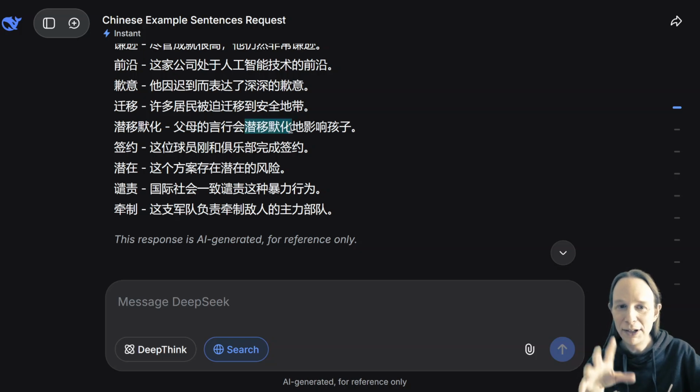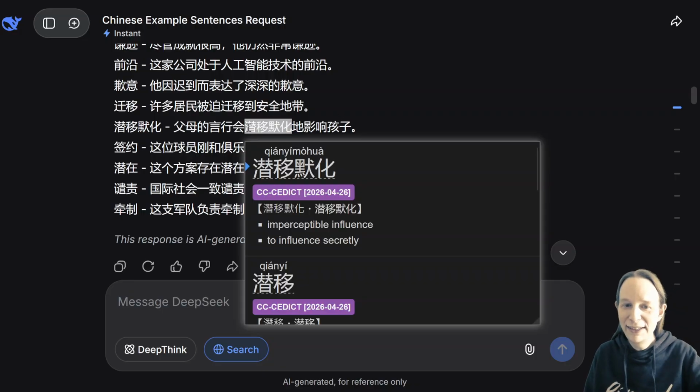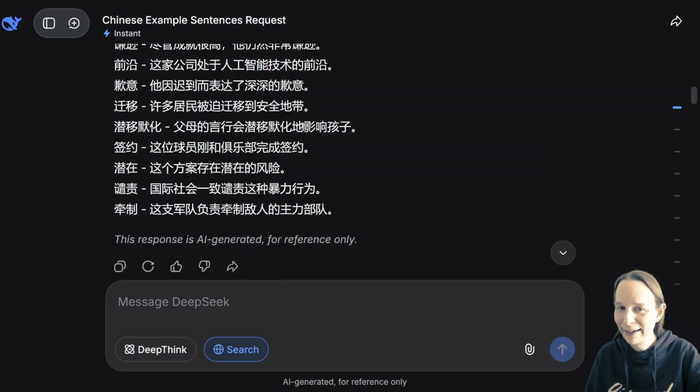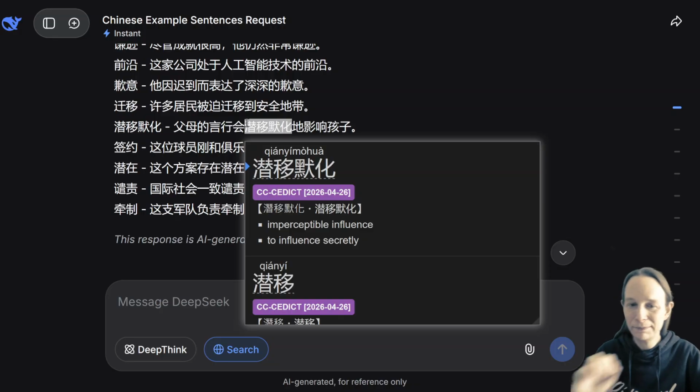So the words and actions of parents imperceptibly influences children. But you notice how it's used though, right? So it's more like imperceptible here. This is the influence. The verb here is influence here. So it's used to modify the verb influence.